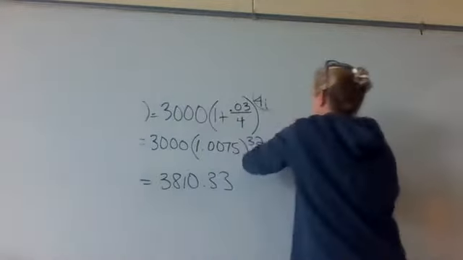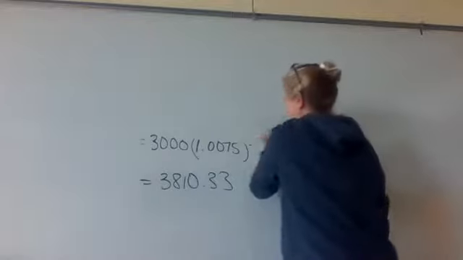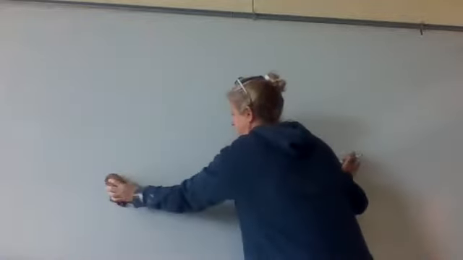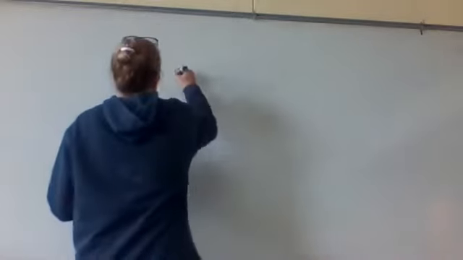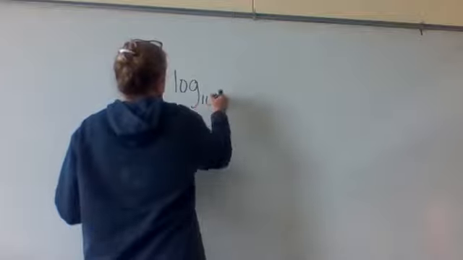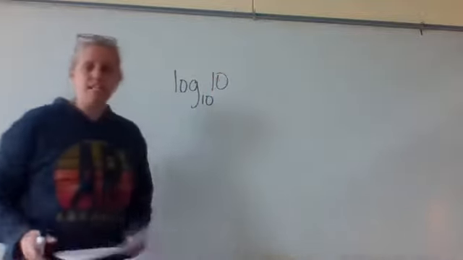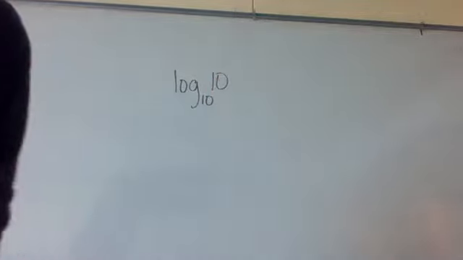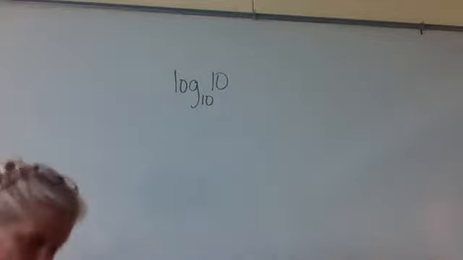Okay, moving on to the next ones. Says find the logarithm. Log base 10 of 10. So we can type this in our calculator. Now remember, there's a couple different ways to do it.